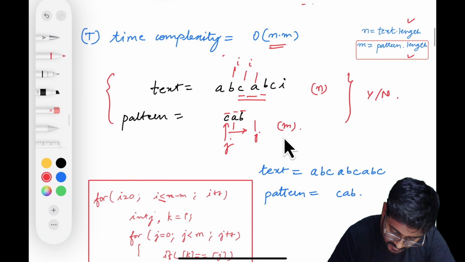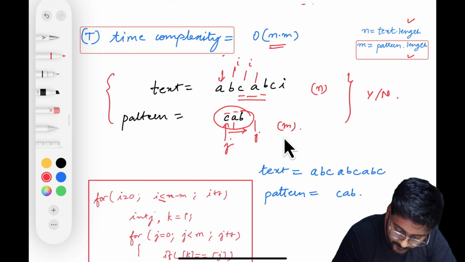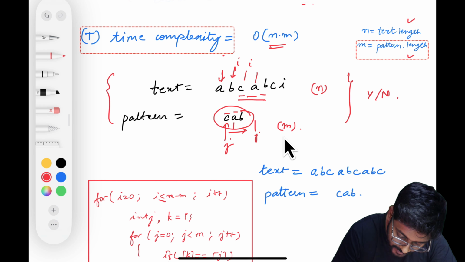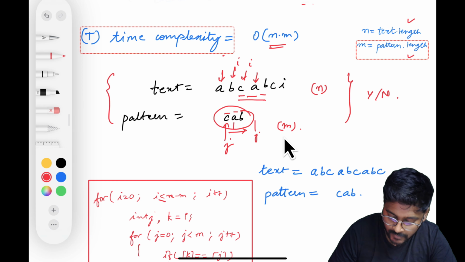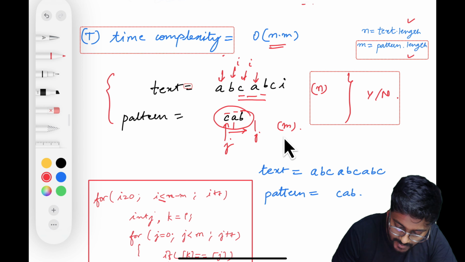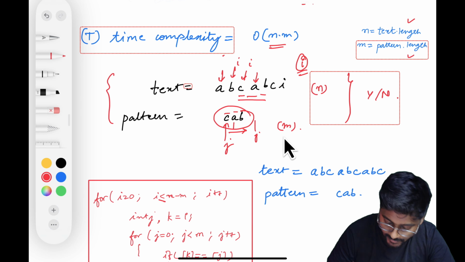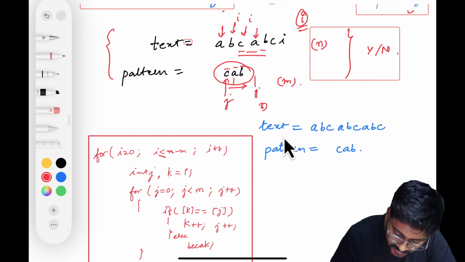So in this case, what is going to be the time complexity? For every pattern matching, we are going to start from this index, and if it is not matching at any moment, then start from the next index, and the next index, in this way. So we are going to start from every I. Until which I? The pattern is of size 3.